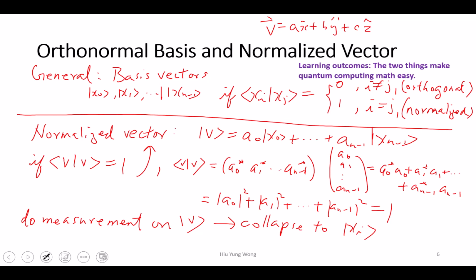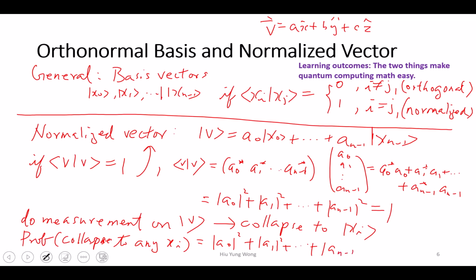So what is the probability of collapsing to any one of the xi? It must be either collapse to x0, which is a0 squared, or x1, which is a1 squared, or xn minus 1, which is an minus 1 squared.